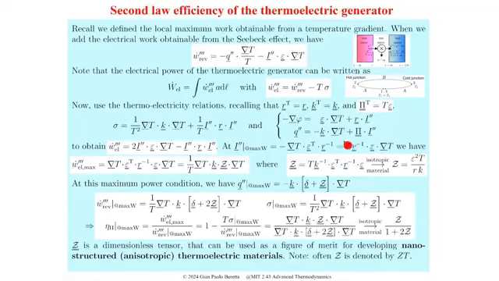And so if you compute this current, if you substitute this maximum current density at maximum power into the expression for the work, you get this expression here, where there begins to appear this parameter Z, which for an isotropic material takes this form, and it's what is called the figure of merit for the thermoelectric material.